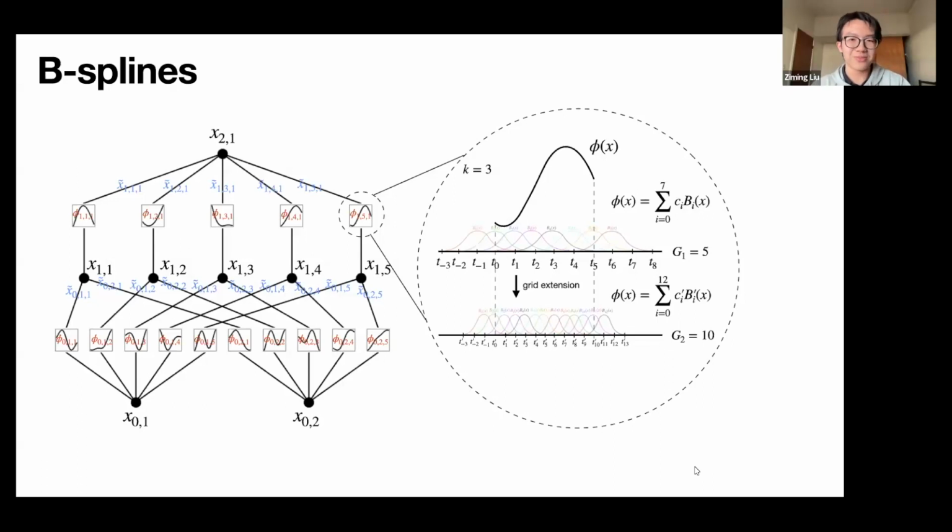The subtlety about splines is that they deal with bounded regions. But in neural network training, especially for later layers, the input activations can change. So we need to update the grids to address this issue of variable ranges.